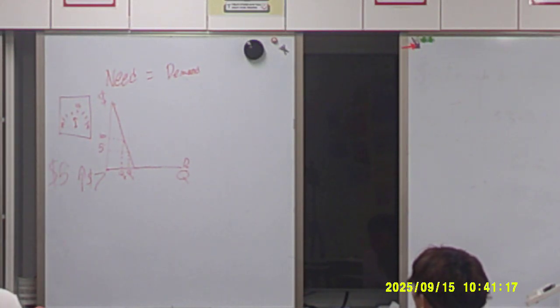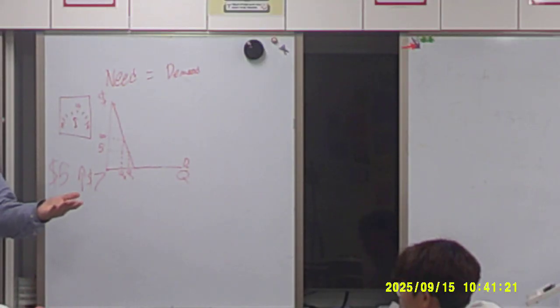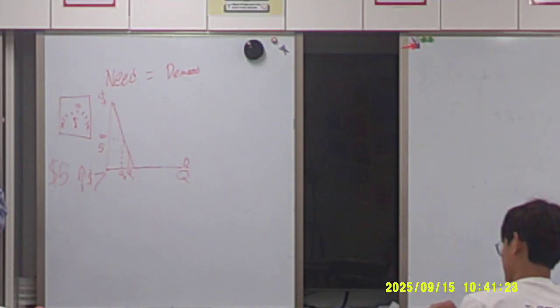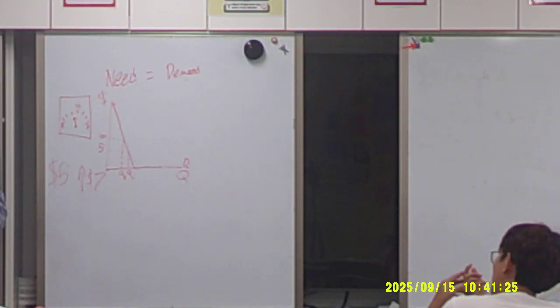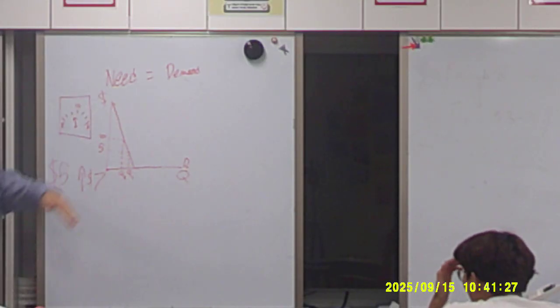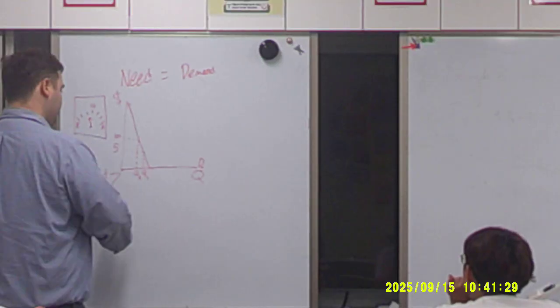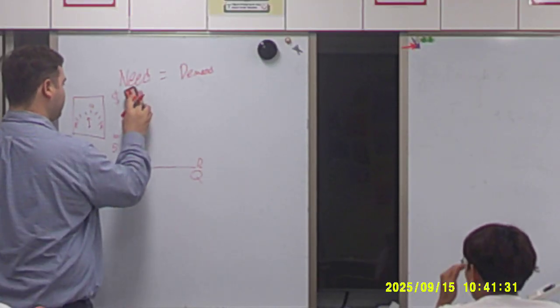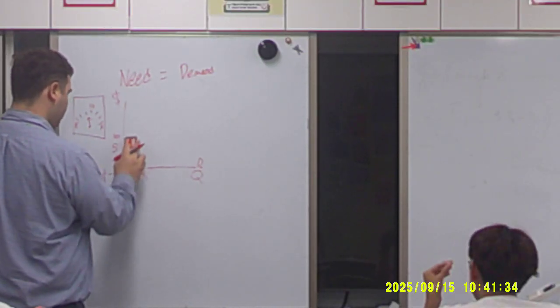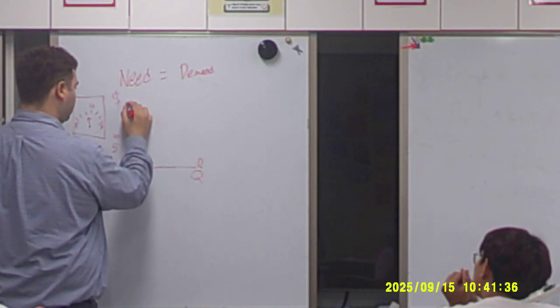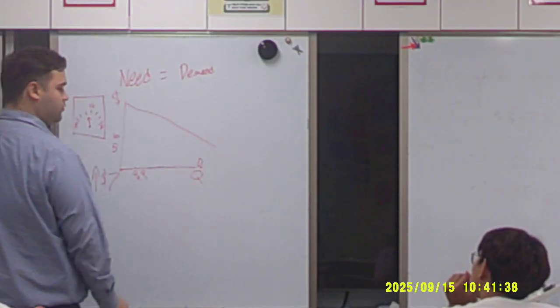No? So how should we draw the line for elastic demand? What do you think? Horizontal? Perfectly horizontal? Yeah. So the line is not going to be more vertical, it'll be more horizontal.